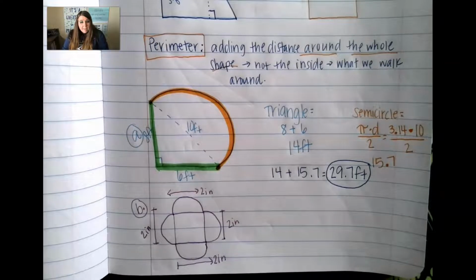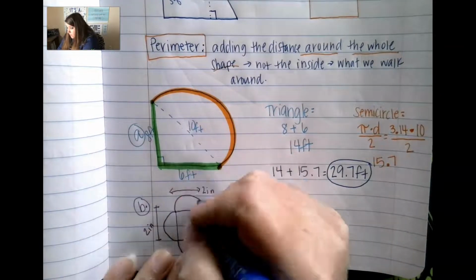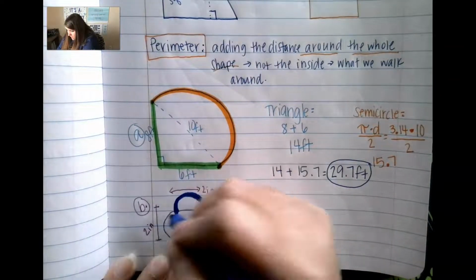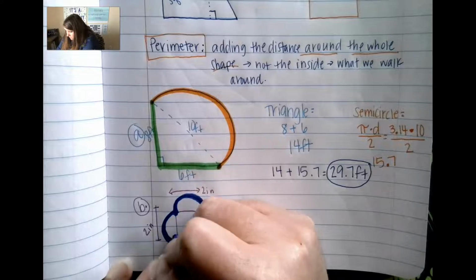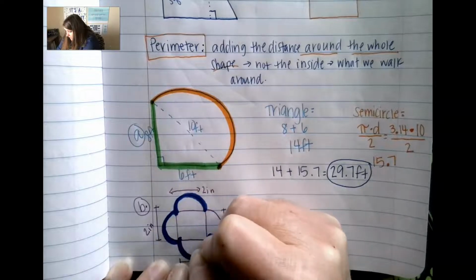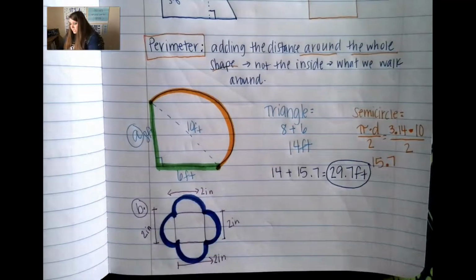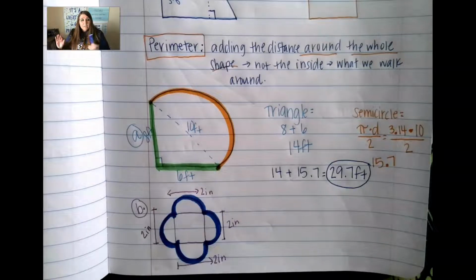All right, so what we're looking at is a walk around the outside of our shape. Okay, so let's highlight or color the part that we are walking on. So we are going to walk here, and we're going to walk here, and here, and here. It kind of just looks like a bunch of curves, right? So the only parts we're worried about is the curve.